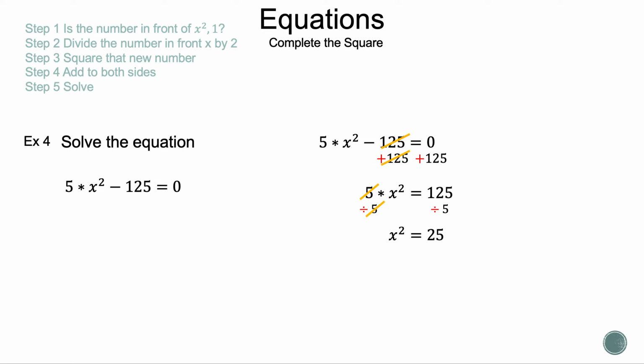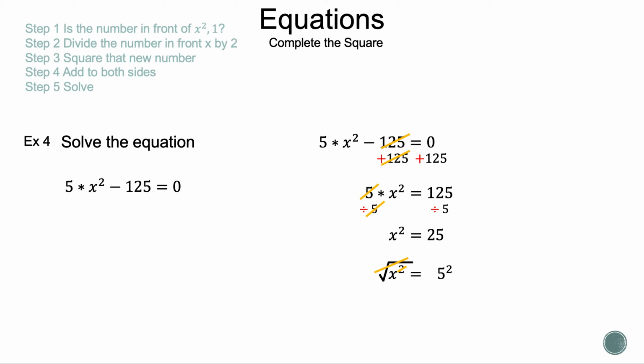We're going to rewrite that 25 as something to the power of 2, and that would be 5 squared. So now we have x squared is equal to 5 squared. Now we need to solve for x. We have x squared. We need to get rid of that square, and the inverse of square is square root. So we're going to take the square root on the left-hand side, and we can now cancel those operations, and we're just left with x.